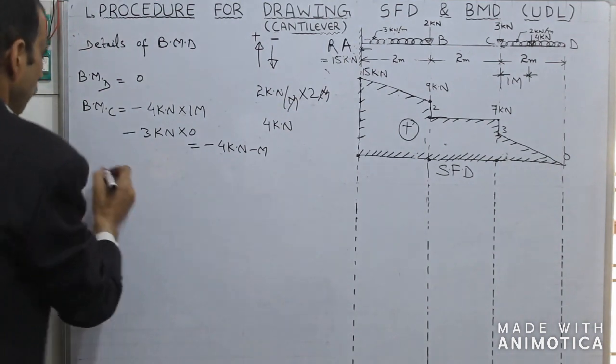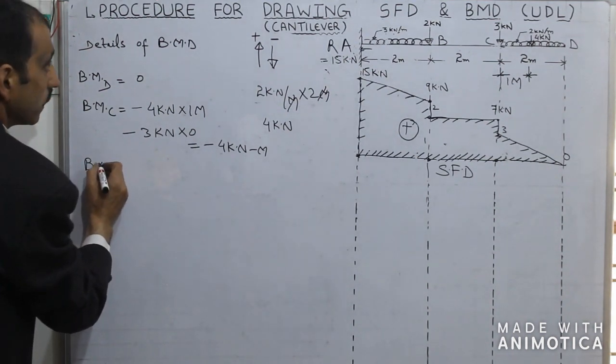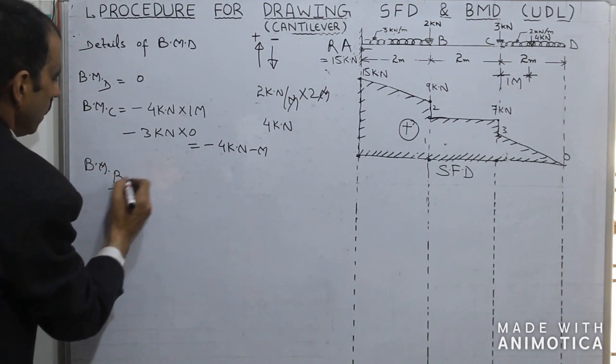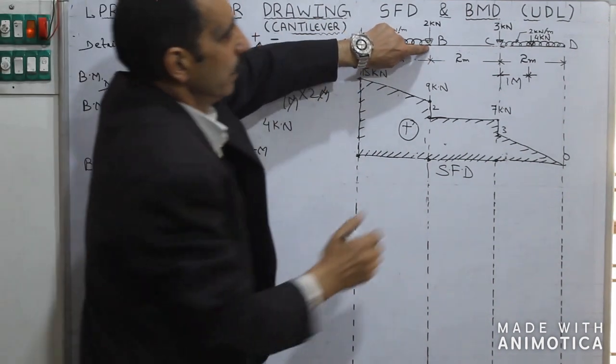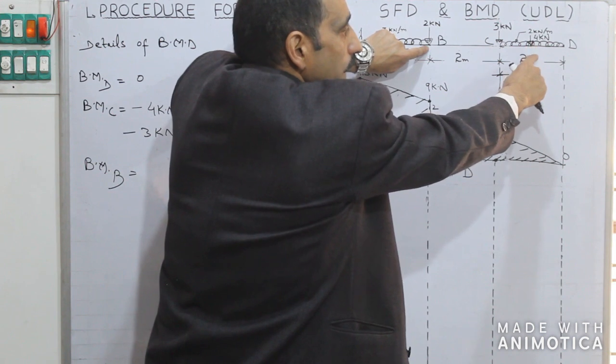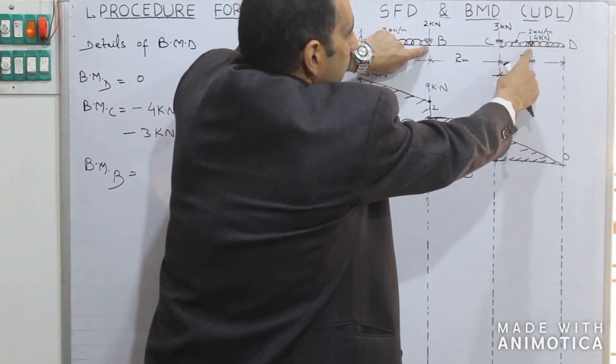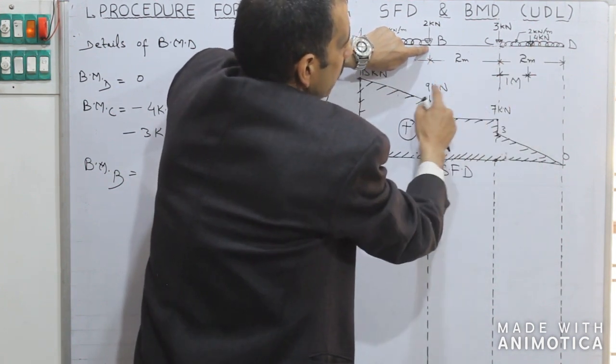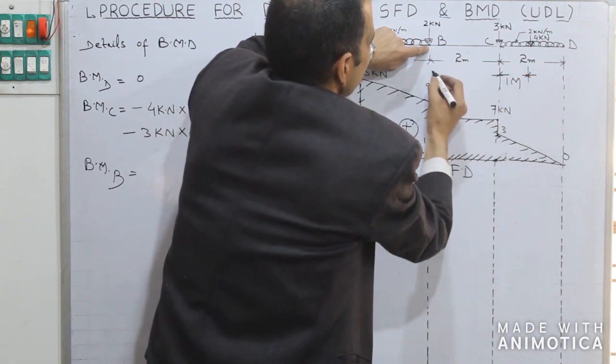Right? Bending moment at B. Now, what is the bending moment at B? Again, I have already converted this UDL into a point load: 4 kilonewton at a distance of 3 meters. From this to this, it is 3 meters.